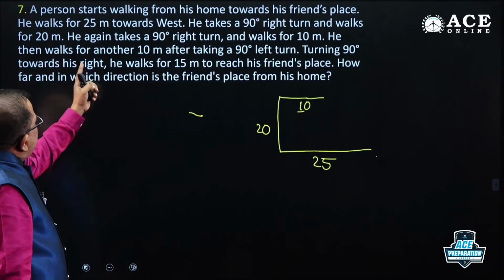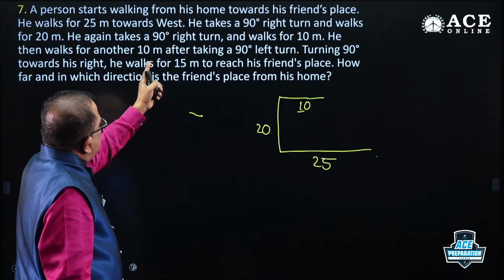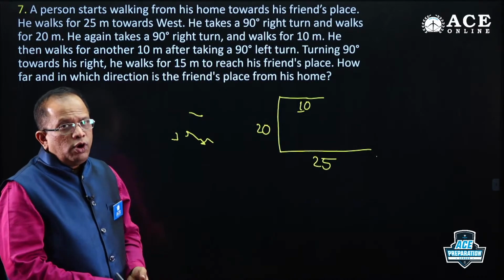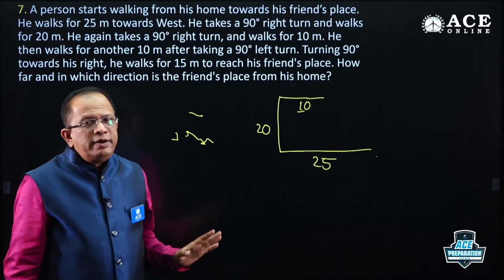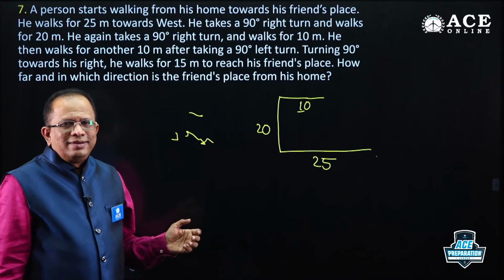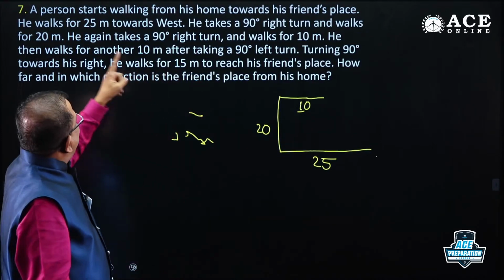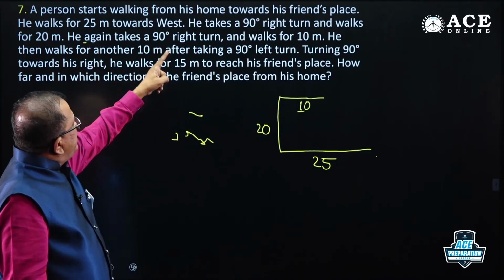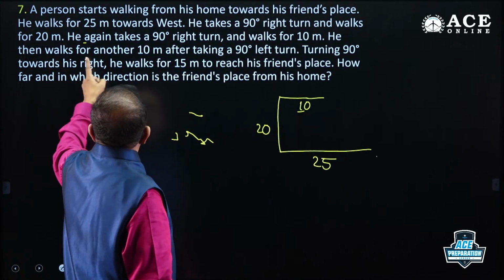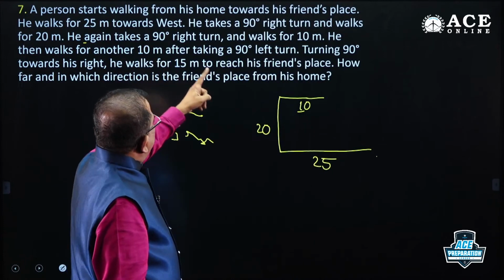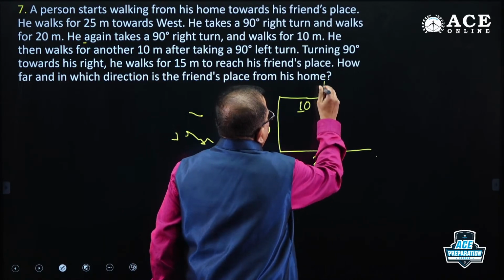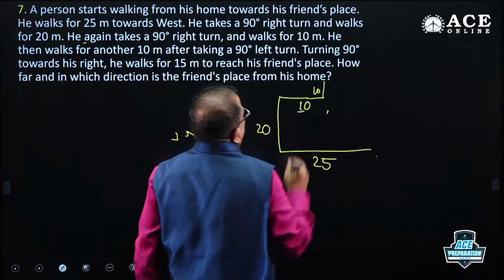He then walks for another 10 meters after taking a 90-degree left turn. I told you, you should keep on asking what happened first. First he walked or then he took the turn? The sentence is very clear. From here a left turn, then 10.